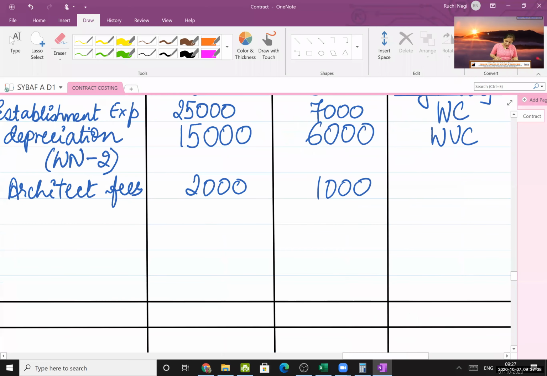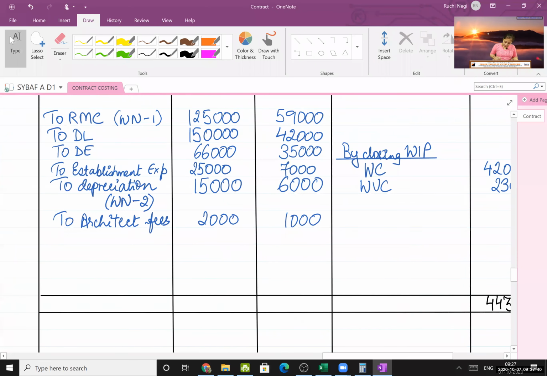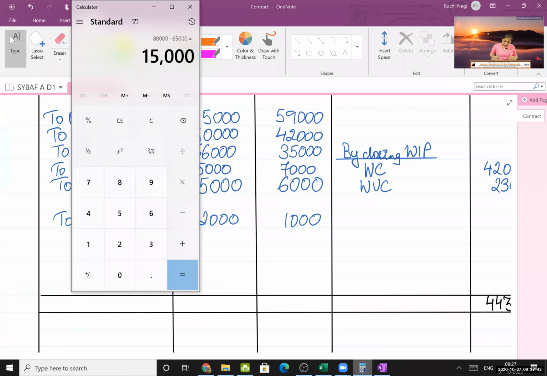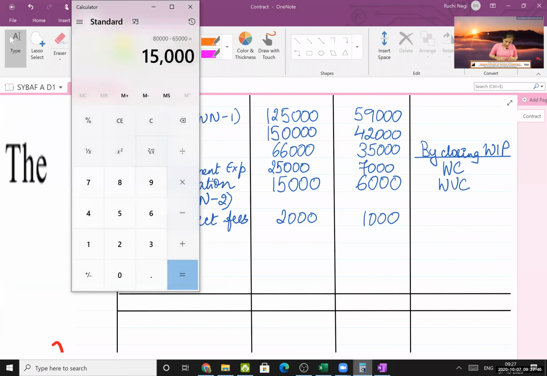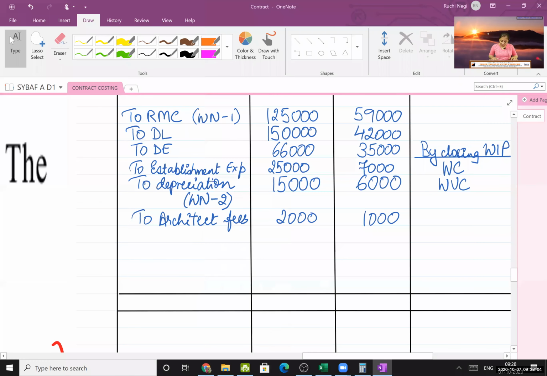Now let us see the debit side. 1,25,000 plus 1,50,000 plus 66 plus 25 plus 15 plus 2,000. 3,83,000.